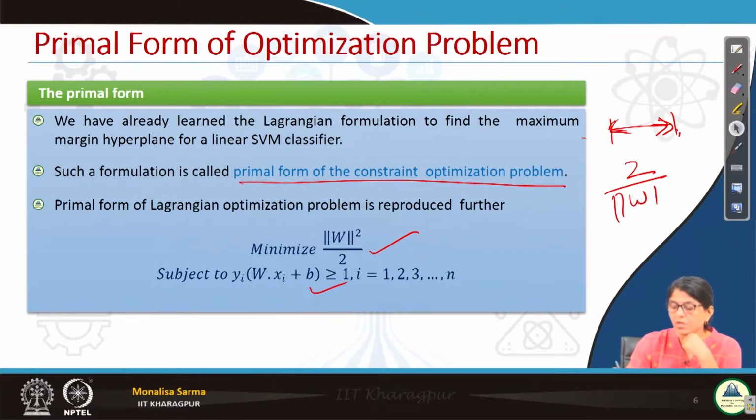So I formulated it as a minimization problem. How did I formulate it? I have to minimize this subject to yi times w dot xi plus b greater than or equal to 1.